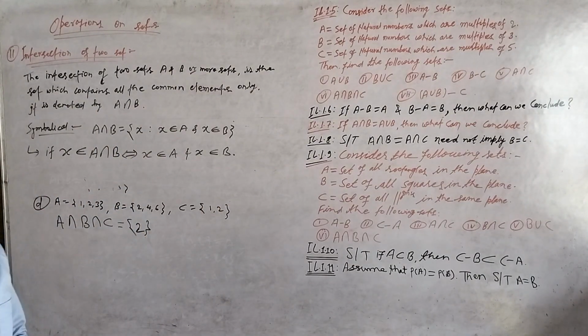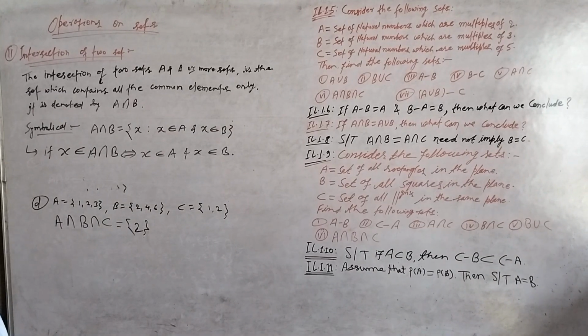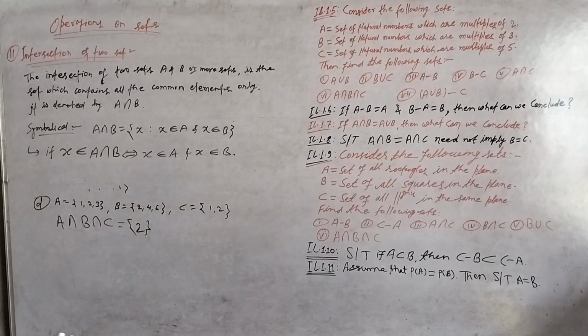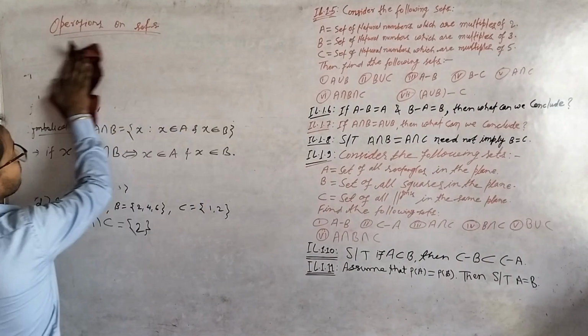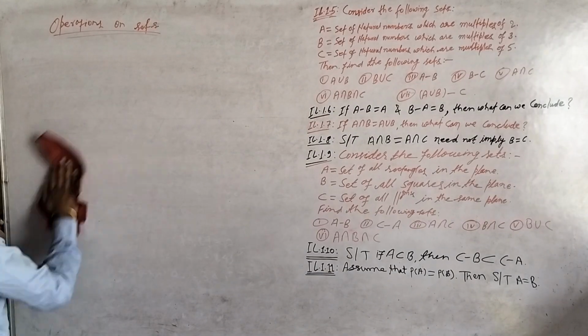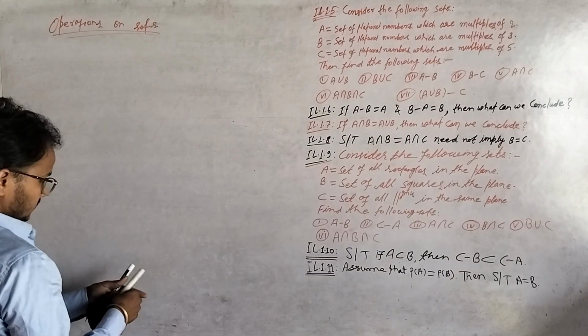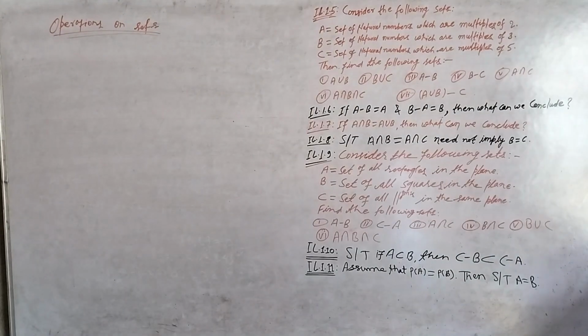Now we write the properties of intersection of sets. First we refill ink.